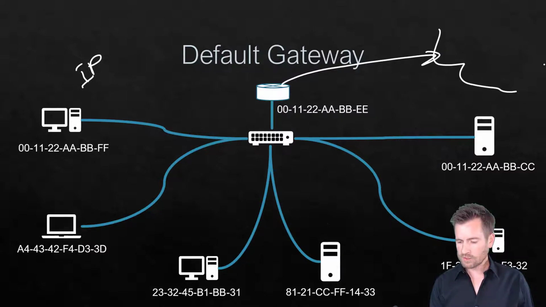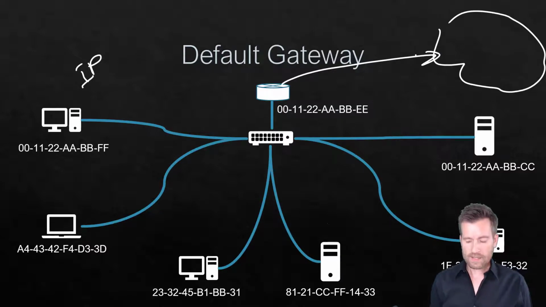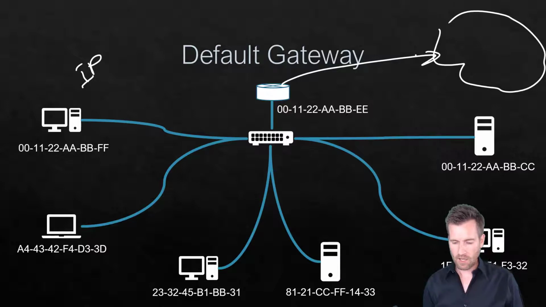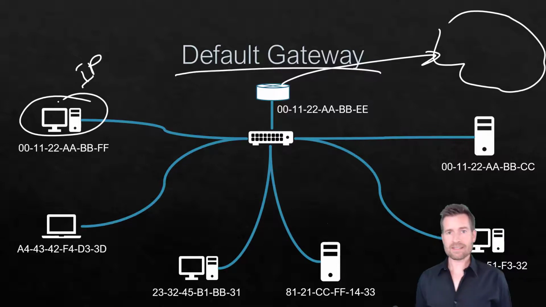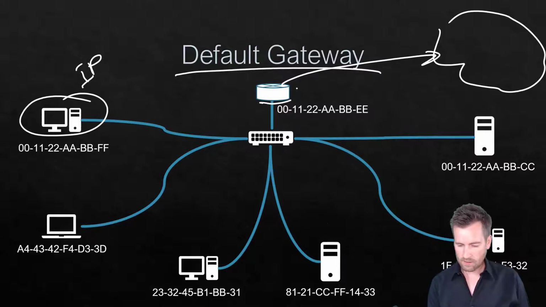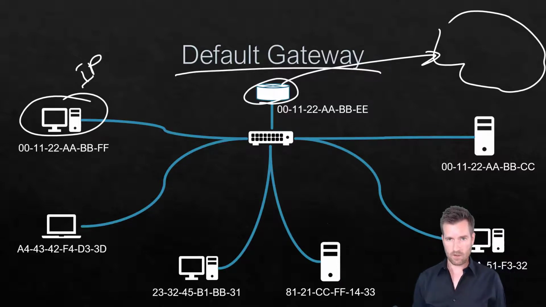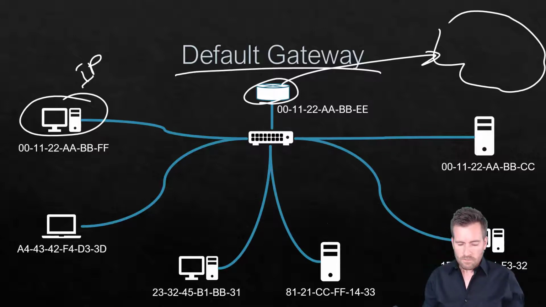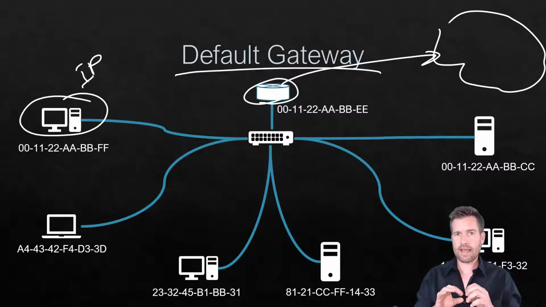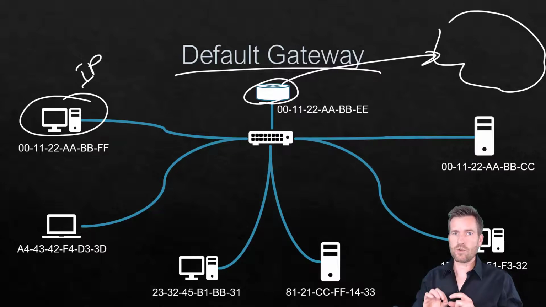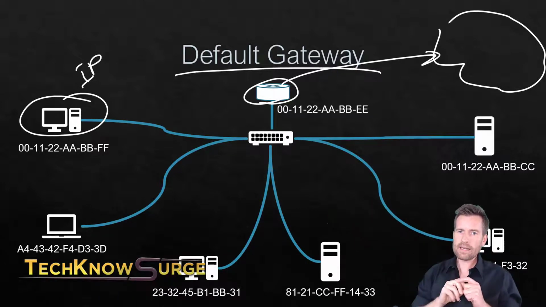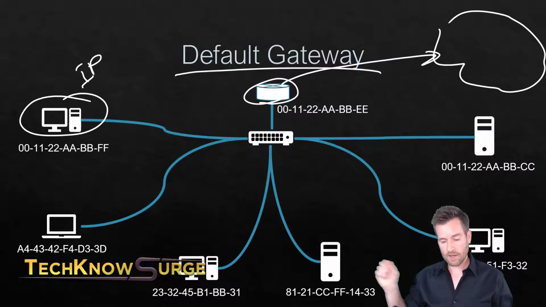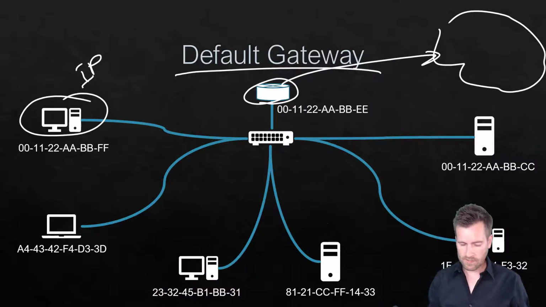If it's outside of the network, then it has something called a default gateway. The default gateway on the machine is usually the router that's sitting on the edge of your network. And the machine is going to say, if I'm trying to communicate to an IP address that's outside of my network, then I need to send this information to the default gateway.